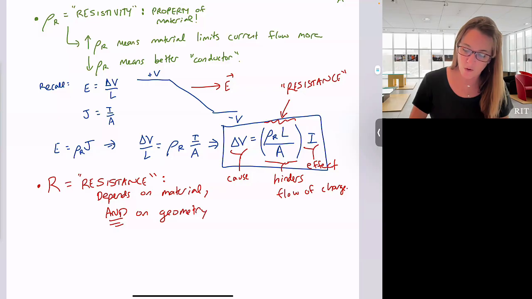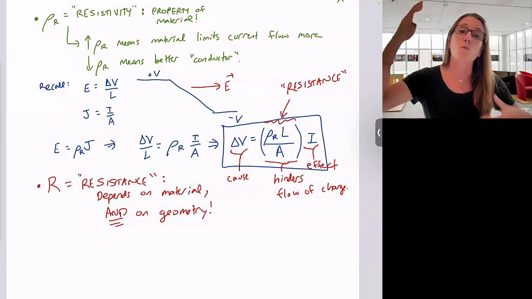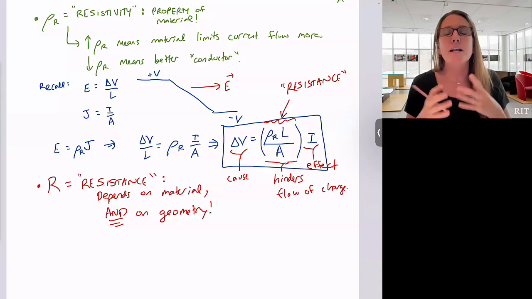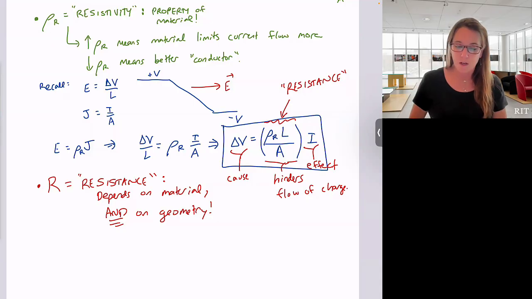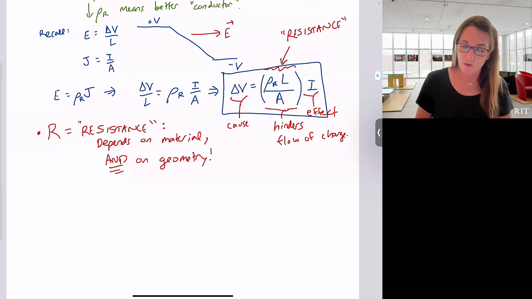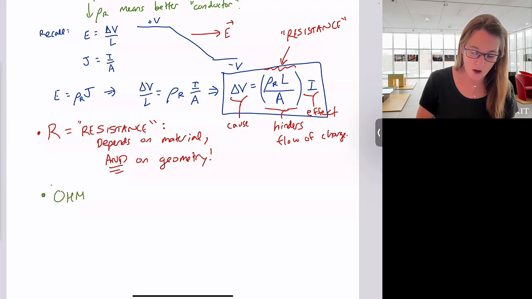How much of it do you have, right? Is it a long, skinny piece of wire? Is it a thick, wide piece of wire? And all of that is going to change the properties of what inhibits the motion, so how much there is.